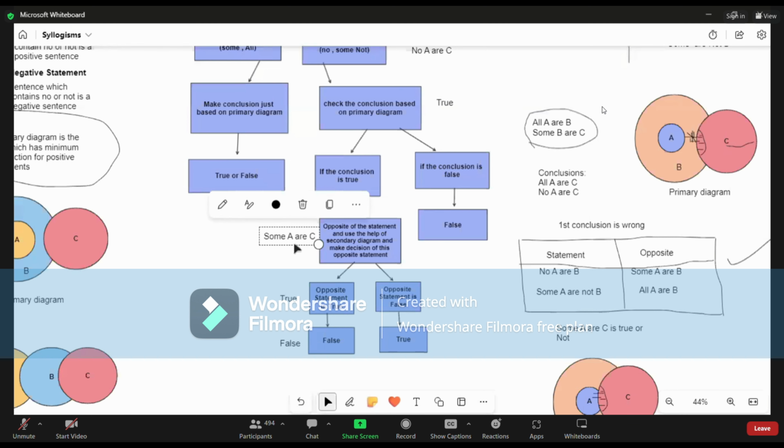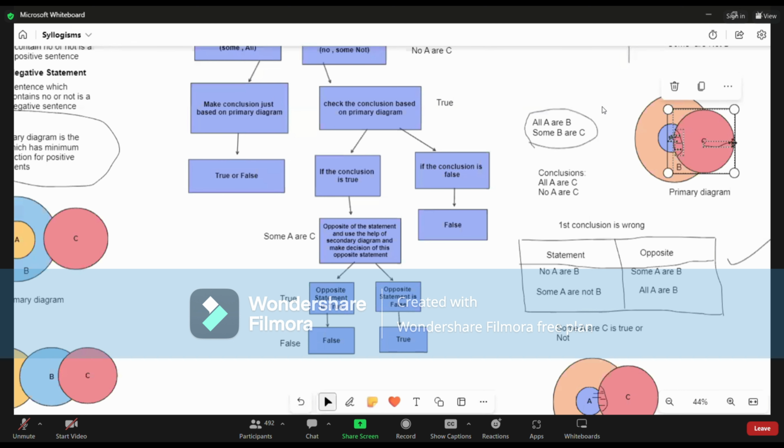So we check the opposite statement if it is true or not based on the secondary diagram. As I have mentioned, we move this C2 over here and make this a secondary diagram. We can have as much intersection as possible, but we must follow the statements that were given below. That is, all ARB and some BRC must hold in all the cases that you are going to draw.